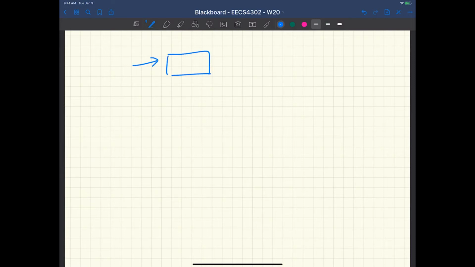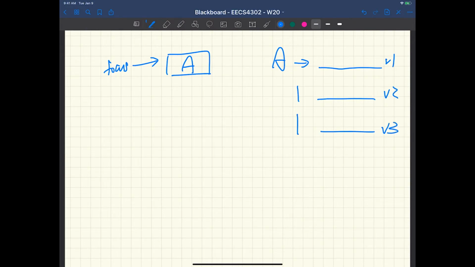A little bit messy, but let's say this is my current focus of my top-down parsing, and then this is A. A produces something. It's simply a mix of variables and symbols, right? That's a production rule, rule number 1. And alternatively, V2, and alternatively, V3 over here. Let's say 3 things. Now the way I drew it before is we look at the first symbol over here.